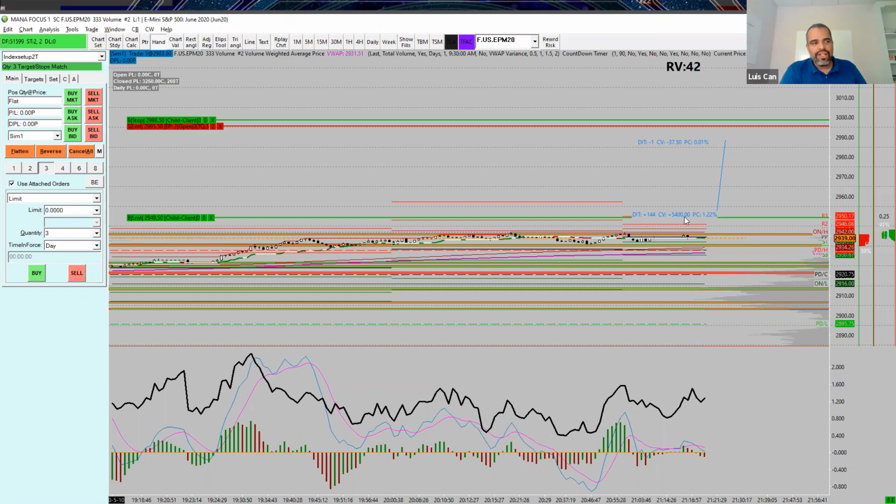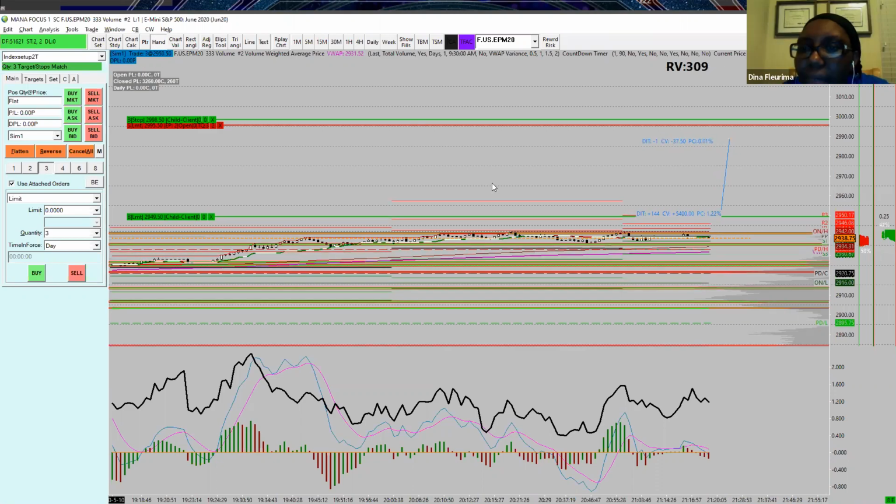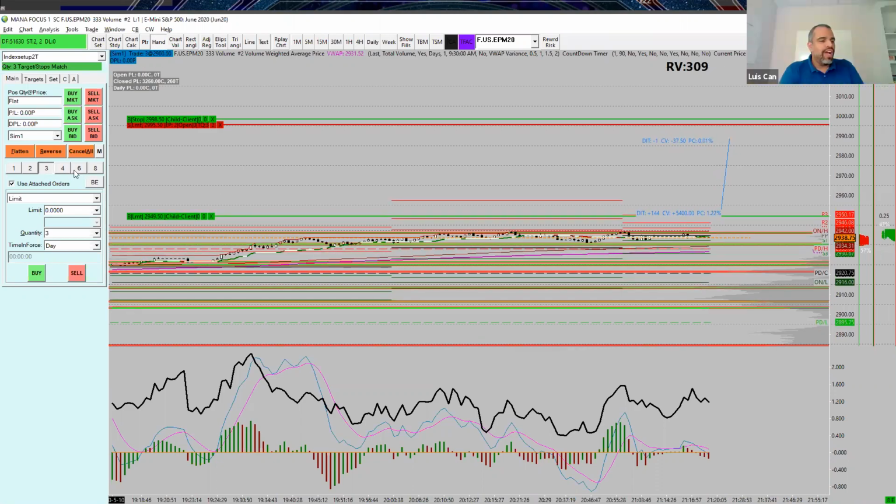Because you have 3 contracts. Now look at this. If you have deep pockets to risk more, and you put 8 contracts, that same move was $14,400. Oh, wow. With 8 contracts.